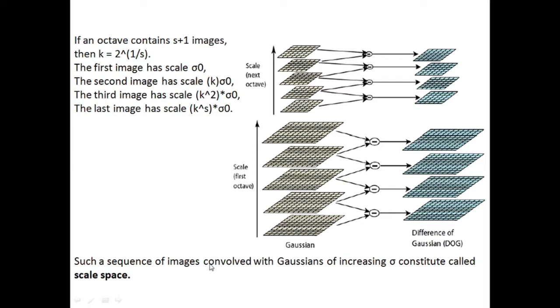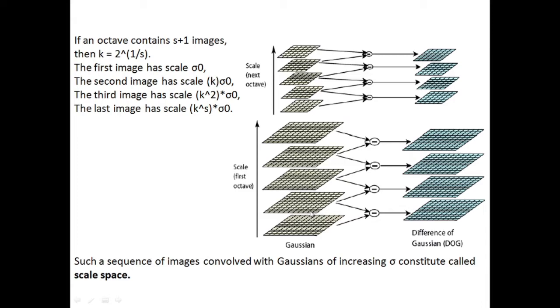Now such a sequence of images is the result of convolution with the Gaussian. Such a sequence of images convolved with Gaussians of increasing sigma, because it is k square, k cube and so on, constitutes what is called scale space.